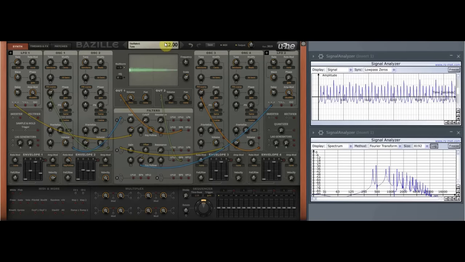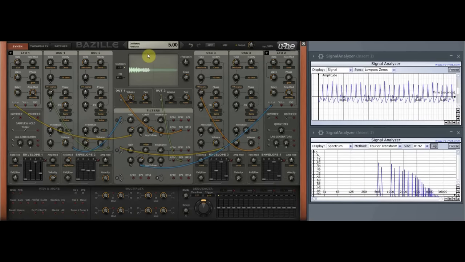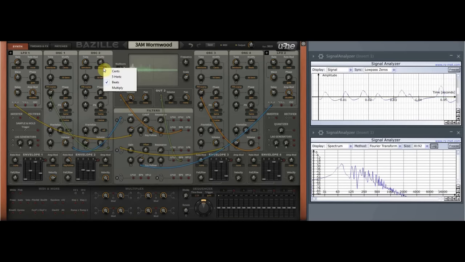The modulating oscillator 2 is detuned against oscillator 1 by plus 12 half tones, which is 1 octave up. And additionally, oscillator 2 is slightly detuned against a clean note with the modify knob at plus 4. Or 5, sorry, plus 5.